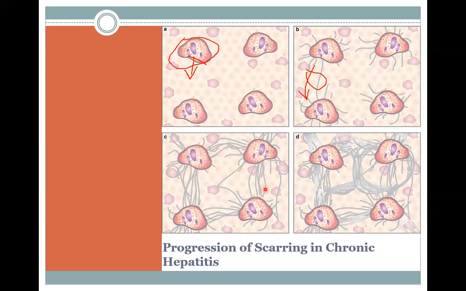So all these bridges that you find here are going to surround this amount of liver cells. It looks like a nodule, and it is a nodule, okay? So that's actually what you're going to be calling hepatic regenerative nodule.